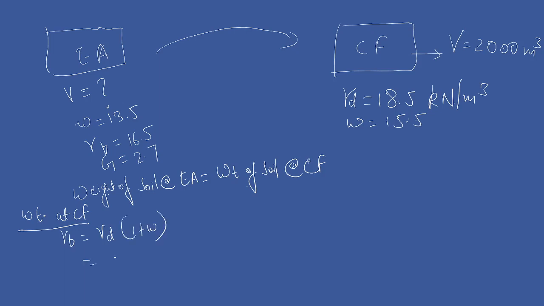Gamma d is 18.5 into 1 plus w, 0.155 we can take, so this is the gamma bulk.